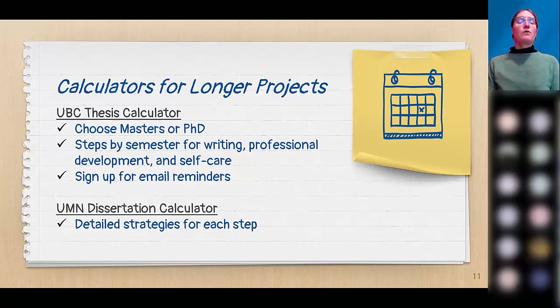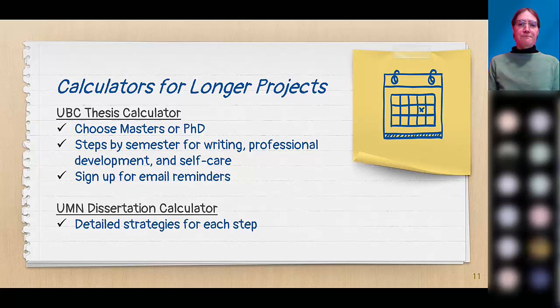Detailed steps are given not only for writing, but also suggested professional development and self-care during your degree. This time you can sign up for email reminders, which could be useful if you're more apt to check your email than your calendar. A downside is that it's geared toward UBC students specifically, so many of the links or suggested steps are relevant only to them.